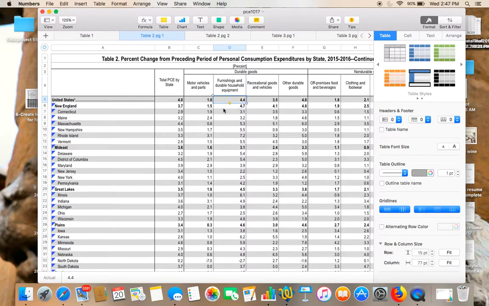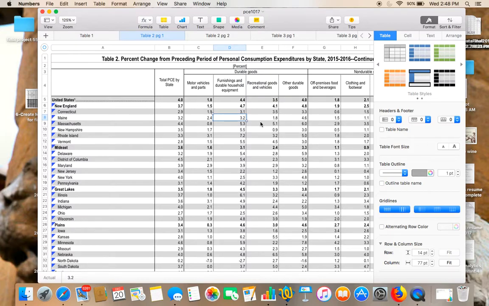This means that, I'm going to use an example, for Maine, for furnishings and durable household equipment, this category, the sales for this category rose 3.2% from 2014. So this is showing you how much this category rose from the preceding year.